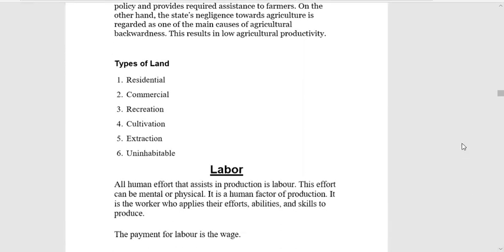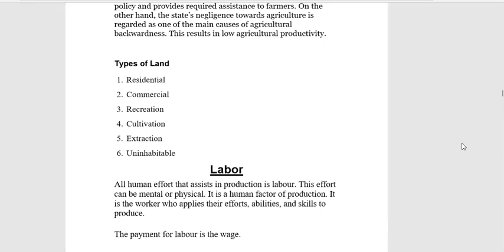So for the first factor of production, what we understand is that production is an economic activity where we are producing something with inputs. What are the inputs we are giving? For agriculture, we are giving some inputs: fertilizers, labor, some good technology.